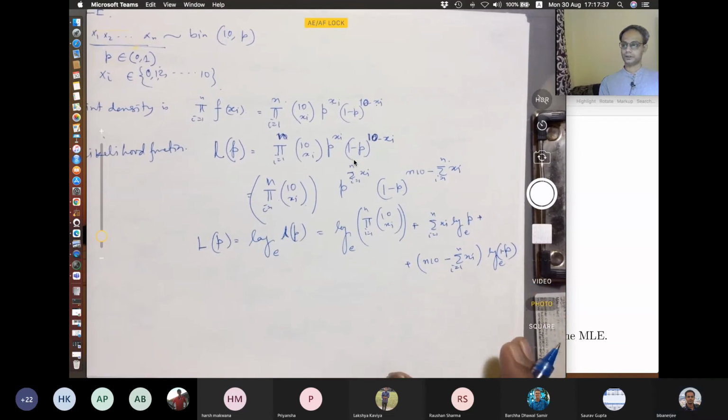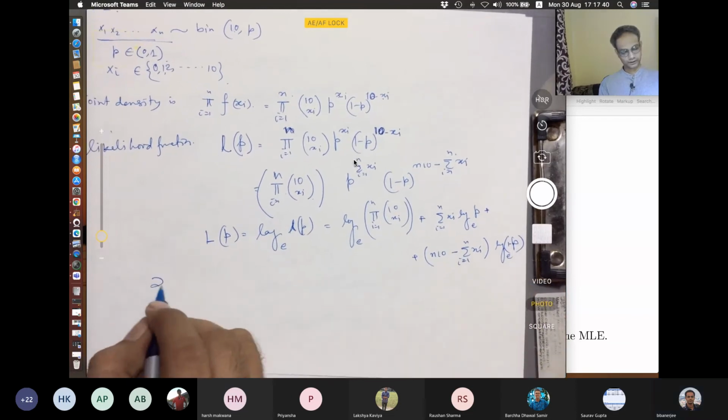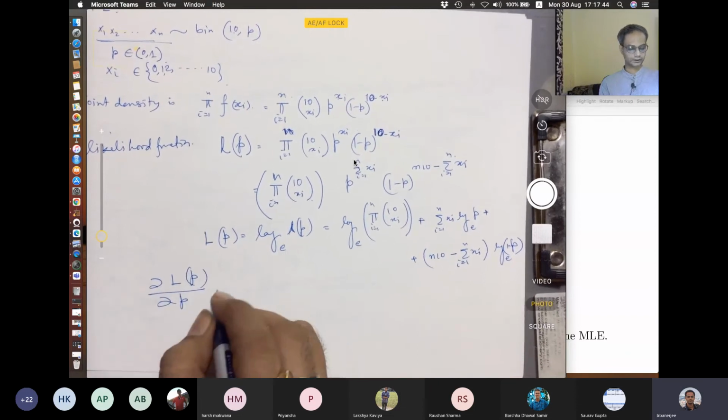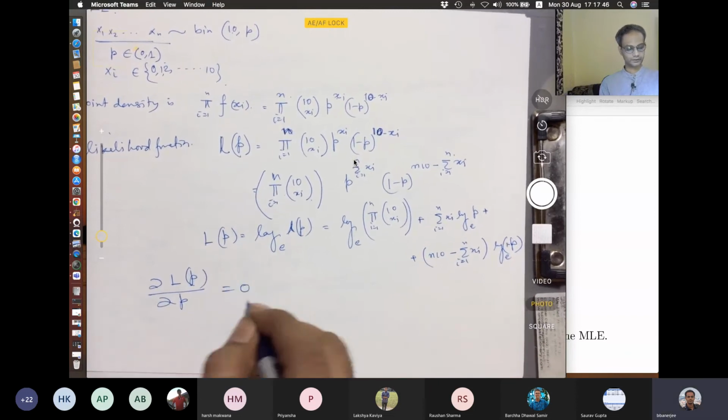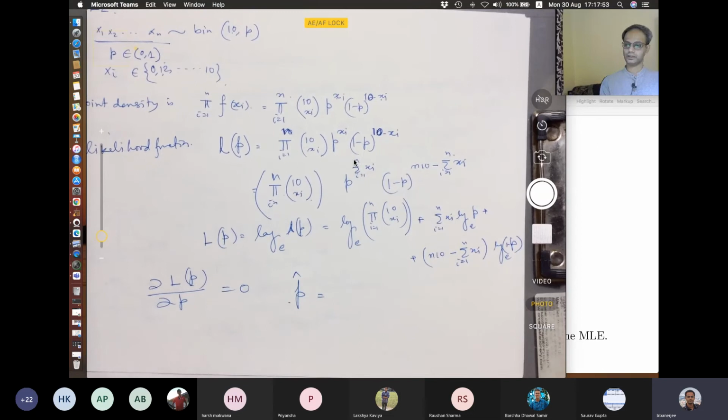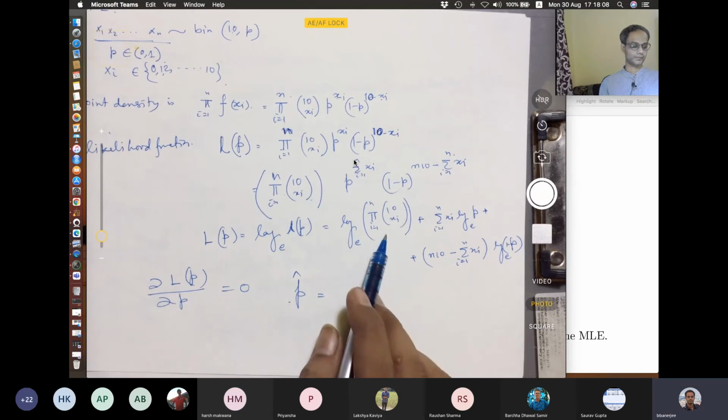Okay. Now it is trivial. Del L(p) del p equals 0, and you let me know what will be the value of p hat. Solve this equation and tell me what will be the value of p. This quantity is free from p. Here is p.